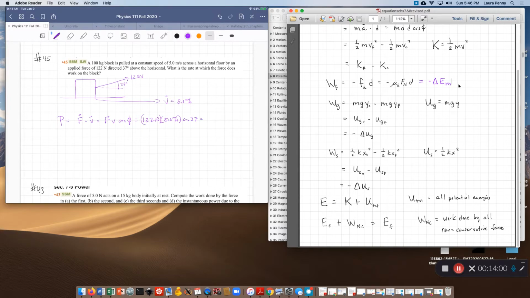Sometimes we have really simple problems to finish things off. Cosine of 37, and we end up with 487. And again, this is technically a watt. I usually write those as joules per second.